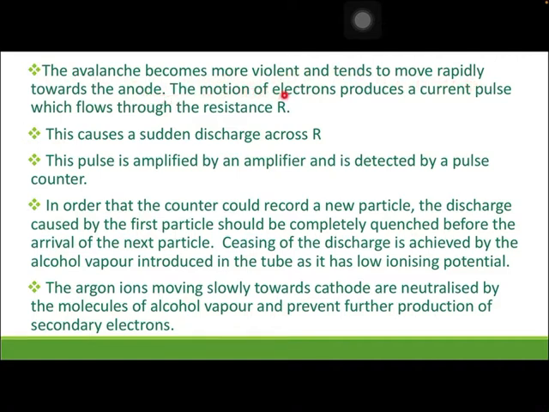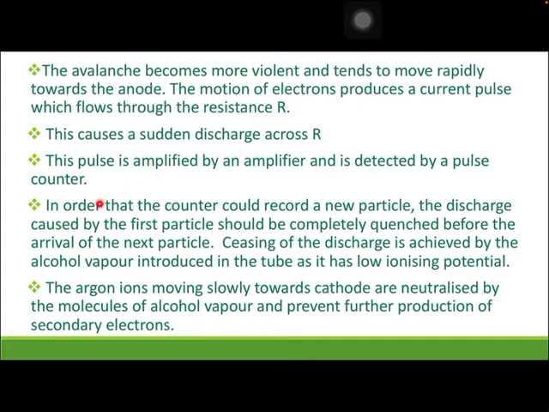The motion of electrons produces a current pulse which flows through the resistance R. This causes a sudden discharge across R. The pulse is amplified by an amplifier and is detected by a pulse counter. That is the external circuit, in which you have an amplifier and a counter which will detect the pulses.